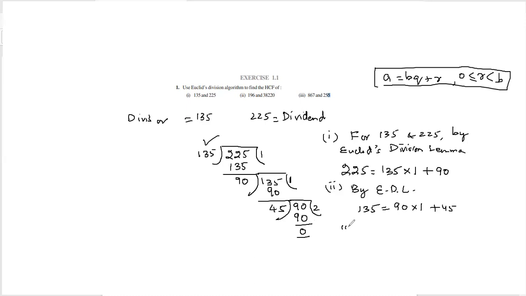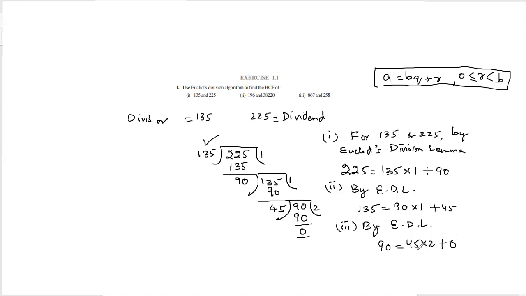So therefore, by Euclid's division lemma, 90 can be written as 45 into 2 plus 0.